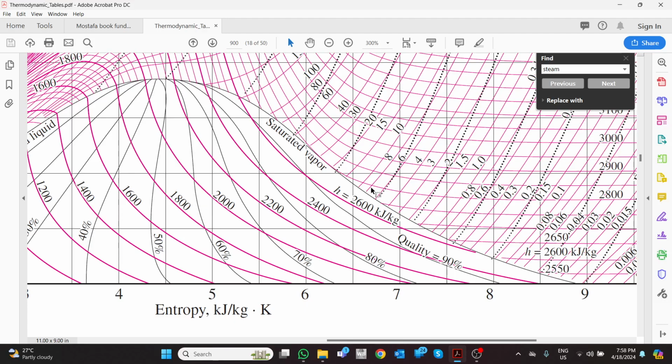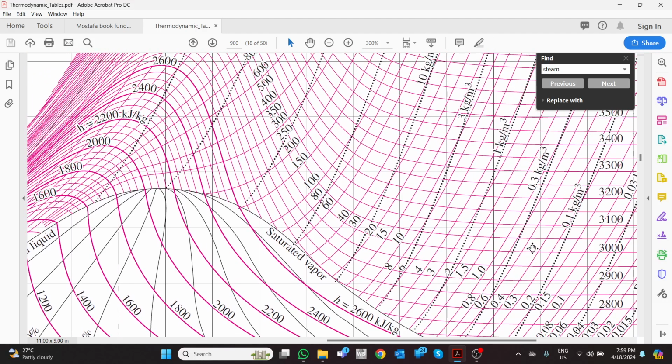Then you will find expansion like this, then heating like this, then it will go down. Okay, which is a steam turbine, a boiler system or steam turbine system. However, we just need to get the two enthalpies, in and out.